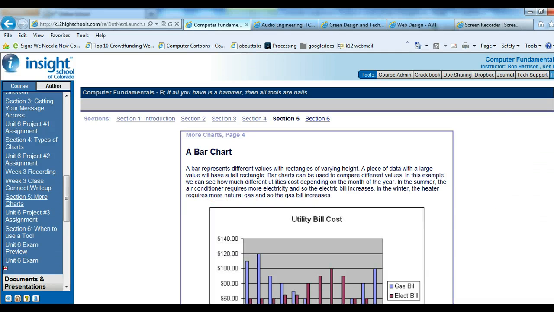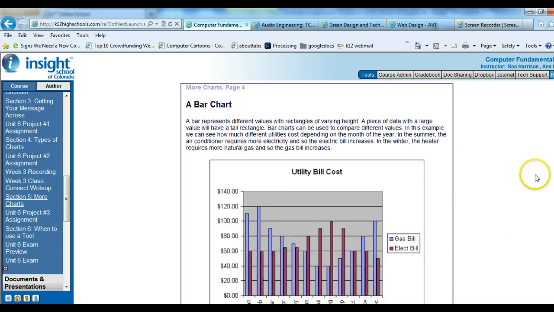And then a bar chart gives different values of data. So a bar chart, you can see, can be used differently, because with a bar chart we're not looking at all of it as a whole. Although we could make a bar chart out of this.